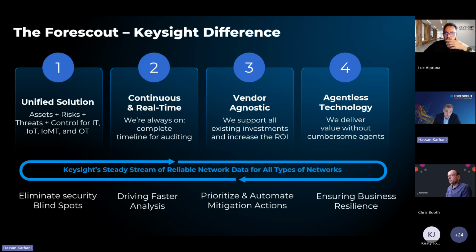We are continuous and provide real-time visibility. In addition to control actions, we are vendor agnostic, so we'll be able to integrate with many of your existing infrastructure, and we are totally agentless technology, so we deliver the value without adding the management cumbersomeness of the agents.